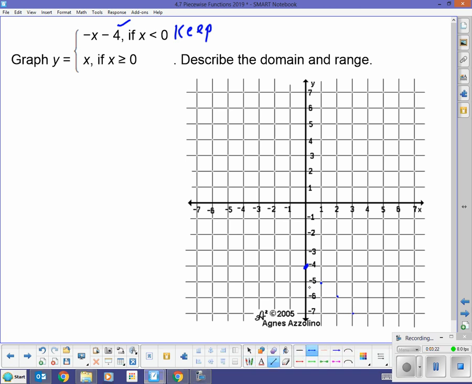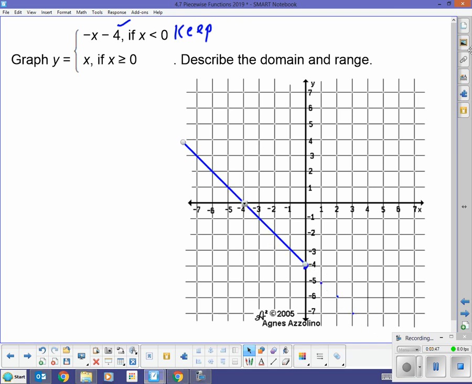So this is going to look something like this. But I only want to keep the part where x is less than 0. Here's the x axis, so I'm going to keep the part from here.